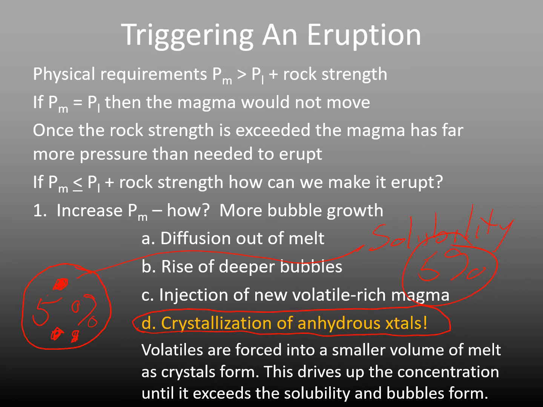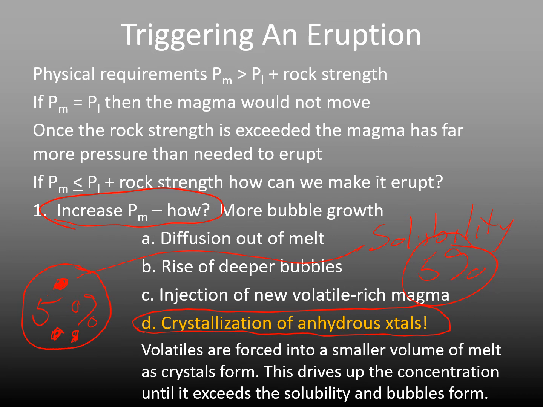If you have the same volatiles in half the space, that doubles the concentration. So you drive up the concentration by forming crystals. And if you exceed the solubility, then those volatiles move out of solution into bubbles and create a buoyant force. So this is probably the main way that magmastatic pressure is increased.